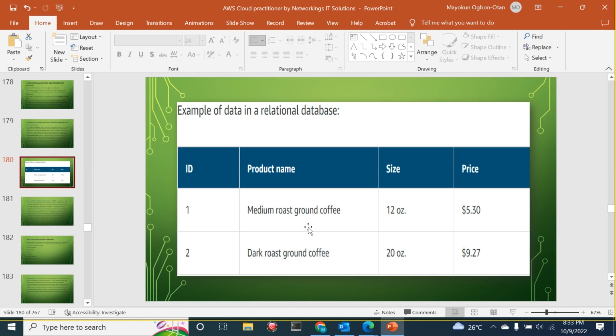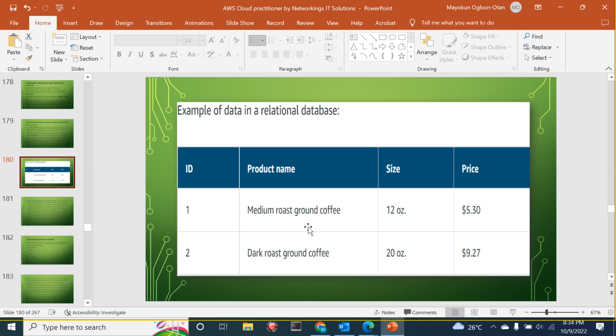It's well organized and user friendly. Another thing you need to know is relational database stores data in the form of rows and columns. Please note that. Those are the questions they can ask.